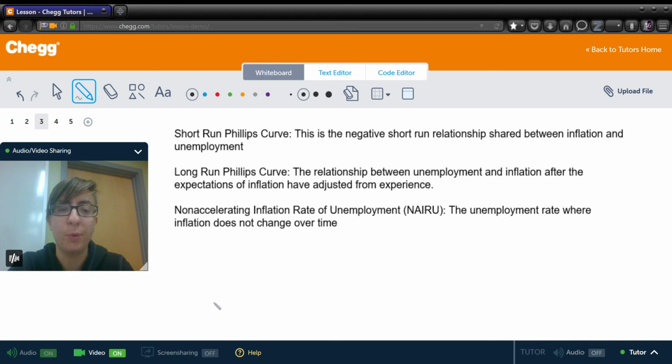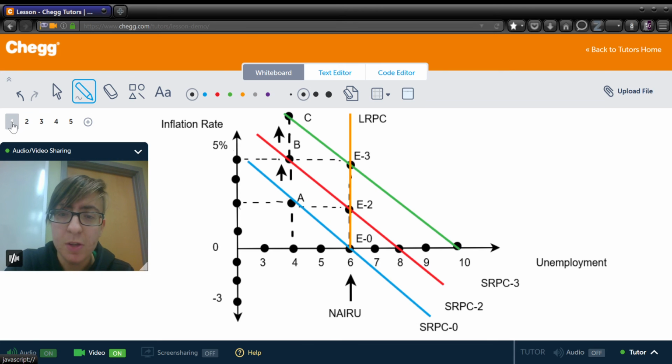It is the unemployment rate where inflation does not change over time. Okay, what the heck does that mean? Try not to get lost in this graph here. Don't panic. It's fine. I will explain everything that is happening here.